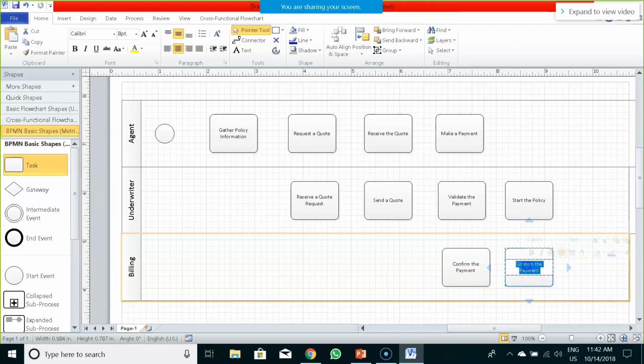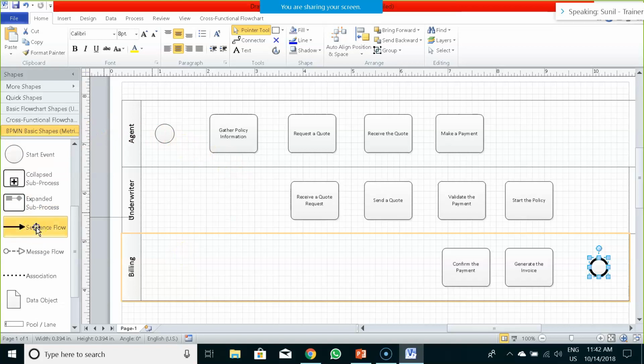Meanwhile, the billing team would generate the invoice and the event would end over here. This is how the sequence would look.